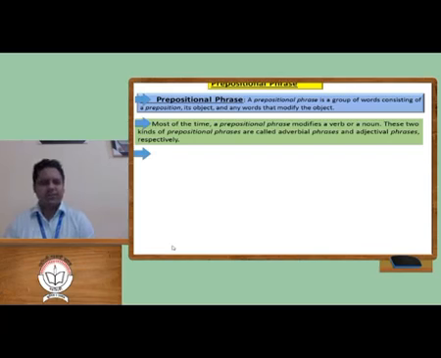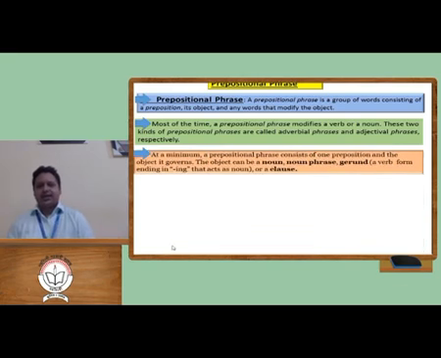If a prepositional phrase modifies a verb, then we will call it an adverbial phrase, and if a prepositional phrase modifies a noun in a sentence, then we will call it an adjectival phrase. At a minimum, a prepositional phrase consists of one preposition and the object it governs.